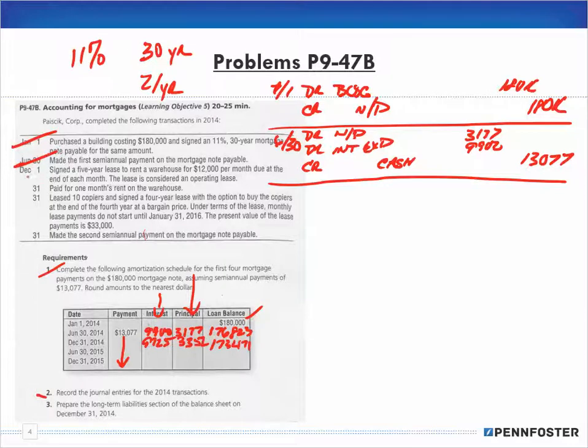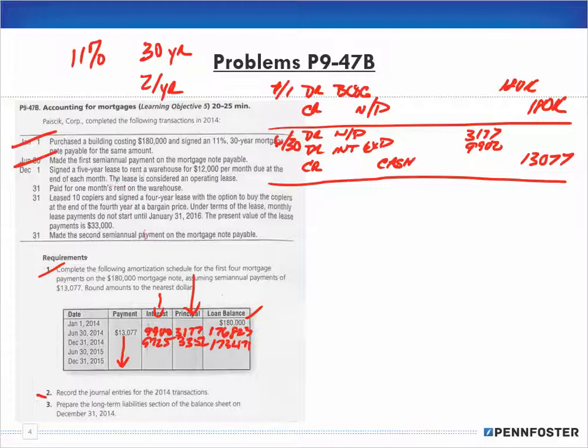Okay, now December 1st, signed a 5-year lease to rent a warehouse for $12,000 per month due at the end of each month. The lease is considered an operating lease. Okay. Well, there's nothing to do here, right? Because all we're doing is we're signing the lease to rent, right?